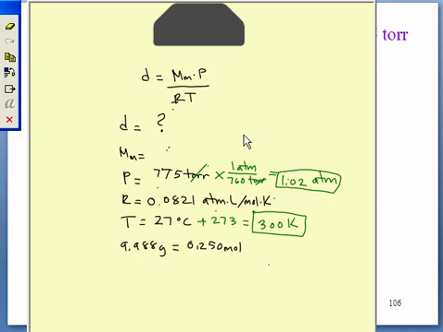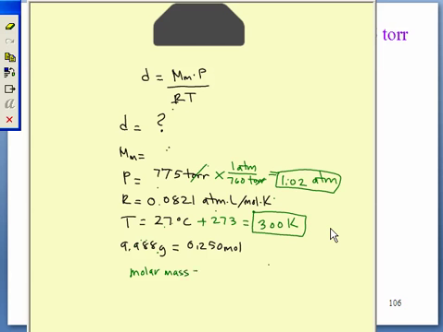And now the one thing that I don't have is my molar mass. However, I am given that this mass is equal to this many moles. When we're given mass and moles, we can use this fact here that we know that the molar mass, let's see here, let me write it down here.